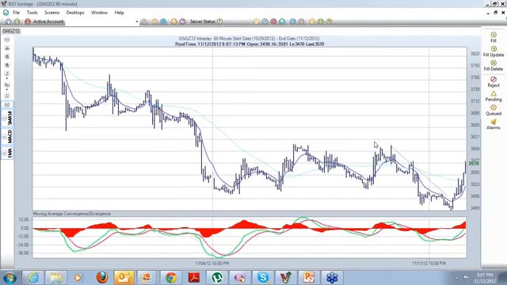What I'm looking for, realistically, is a change in trend, to identify a trend in the market that's changing. And this is live. This is natural gas as we're talking. You can see the bar going up and down.